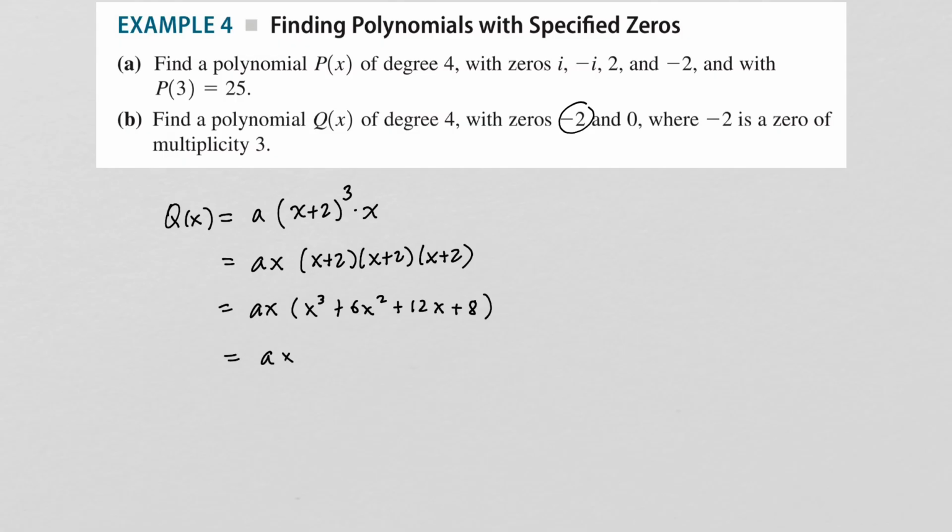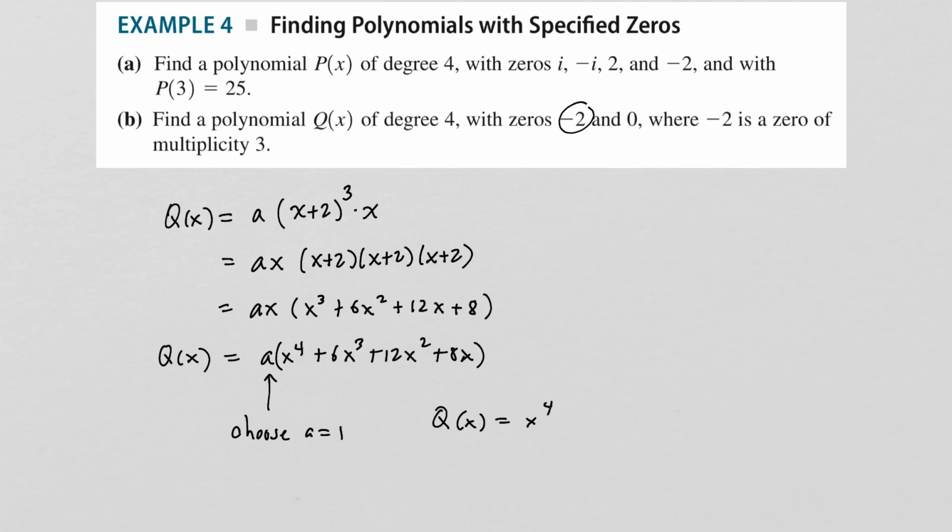So we'll get ax to the 4th plus 6x cubed plus 12x squared plus 8x. And this is what q of x is. Now a, in this case, can actually be any number. So I'm just going to choose a to be equal to 1. So then q of x would be the polynomial x to the 4th plus 6x cubed plus 12x squared plus 8x.